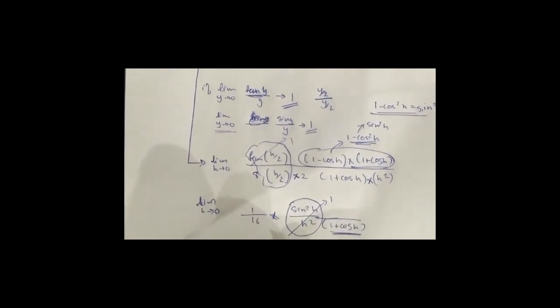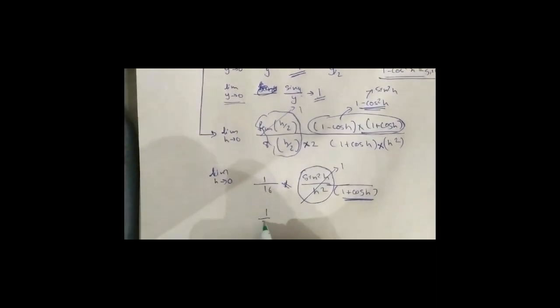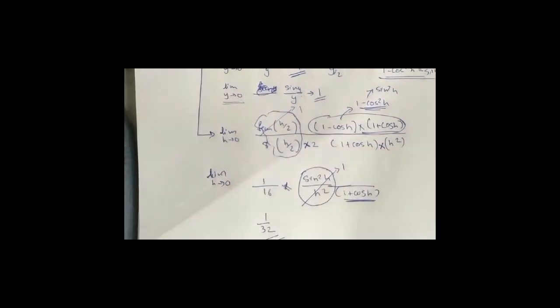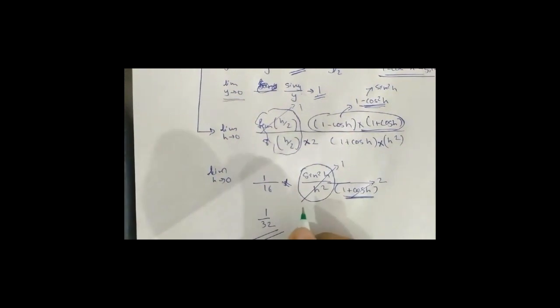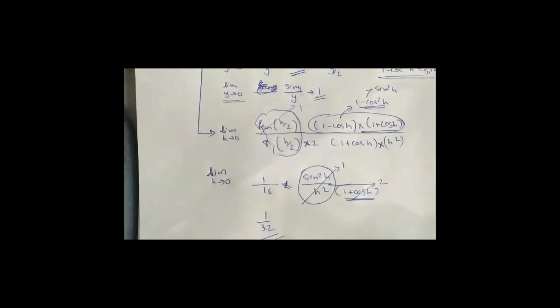If we see this part, this would simply evaluate to 1. And in this part, cos 0 is equal to 1, right? So this would evaluate to 2, right? So this would become then 1 by 32. Simple. Because this will go to 2. Okay? That's all for today.